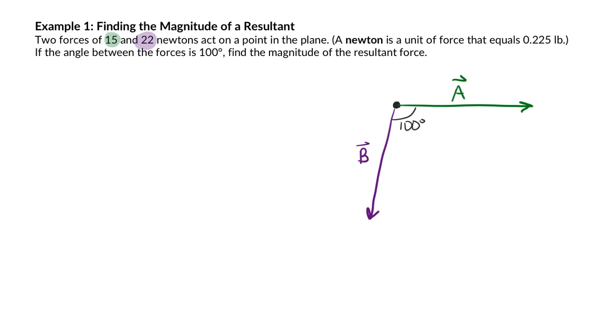We get this by using that parallelogram rule and making a parallelogram out of these two forces. My resultant vector is going to be the vector that I get going the exact direction you pointed with your fingers. This resultant force is the force A plus vector B.